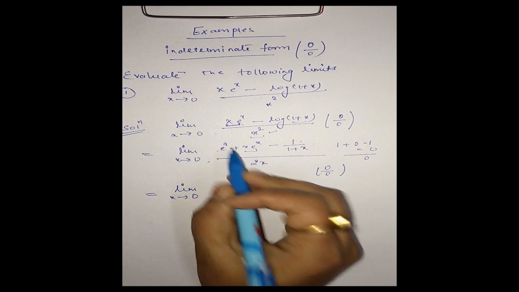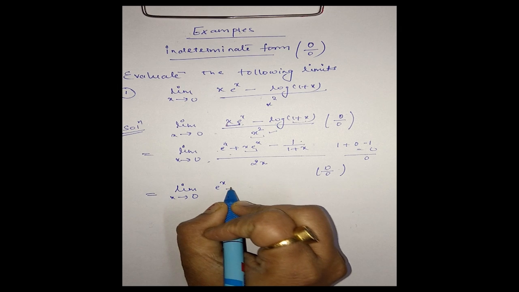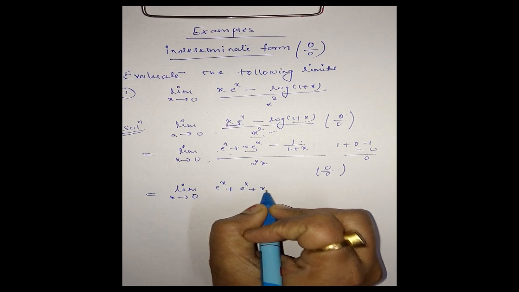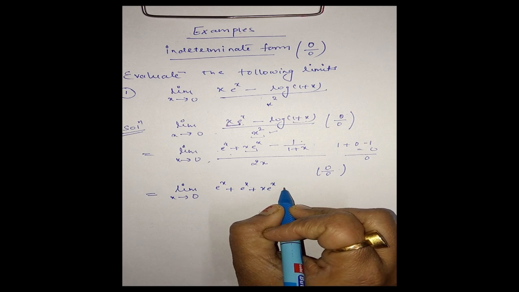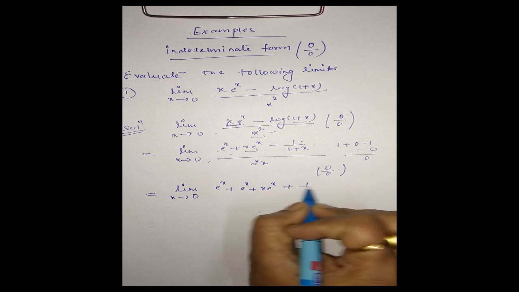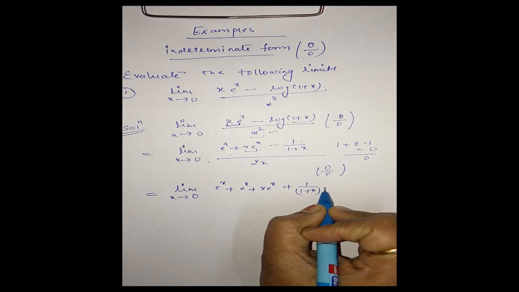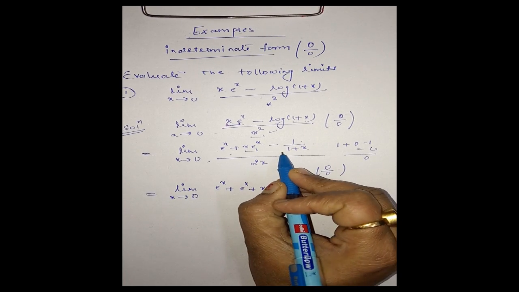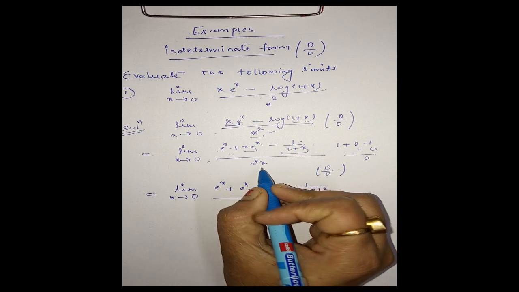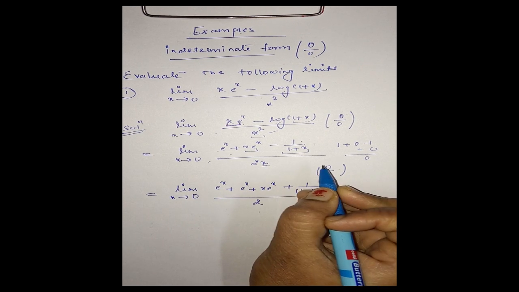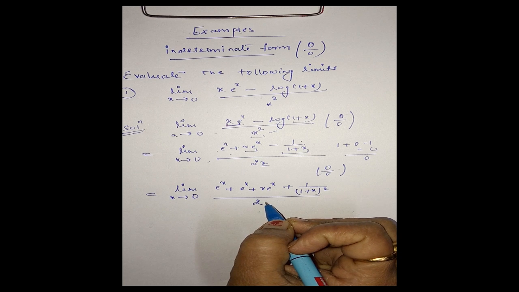Okay. Now again this is e^x plus x e^x, and this will be plus 1 upon 1 plus x whole square on differentiating this. Okay. And this is divided by 2, differentiating 2x with respect to x, this will be 2.